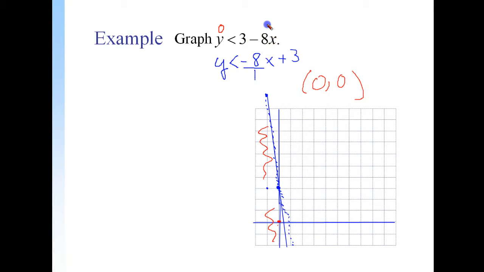And -8 times 0 is 0. So we have 0 is less than 3. Is that true? Yes, that is true. So that test point is in the correct shaded area. And that's where we said, if a positive y is less, you shade below the line. And that's what we've illustrated there.